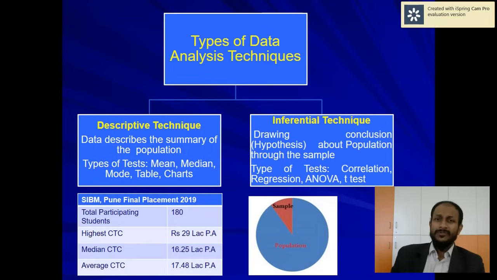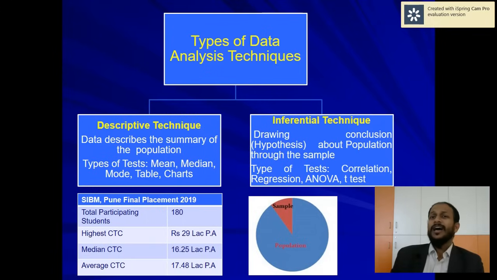Now, when it comes to the descriptive statistical technique, as the name suggests, it describes the characteristics of the population, or in other words, whatever we are getting from the population, it is used to represent it in a summarized form. Now, we can have several kinds of techniques under this.